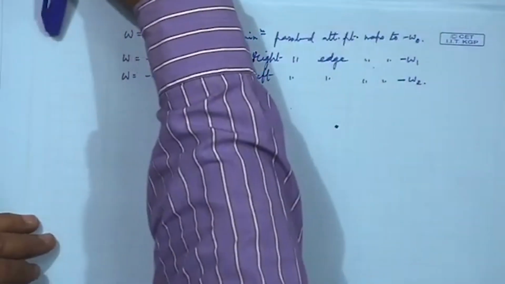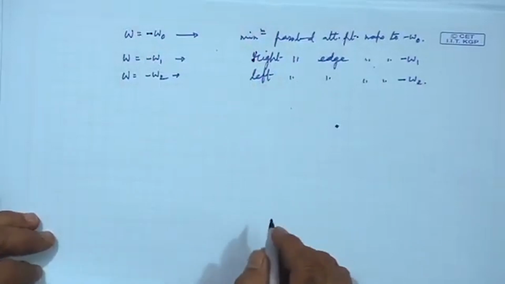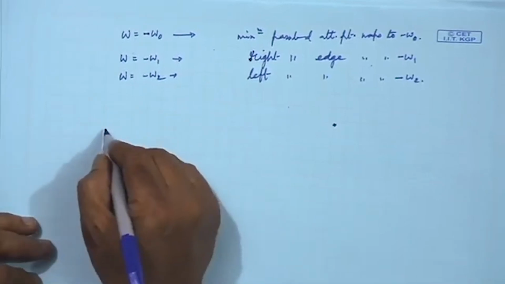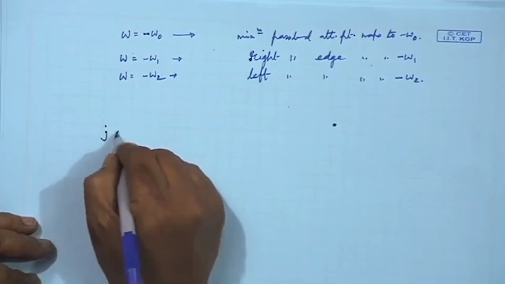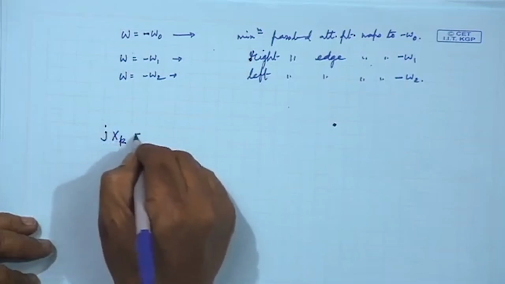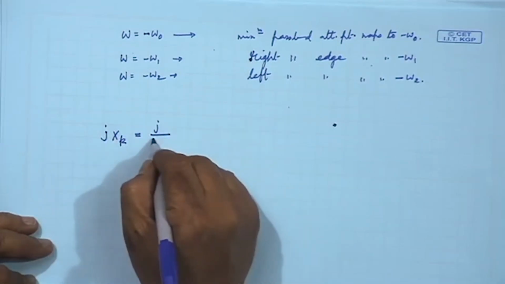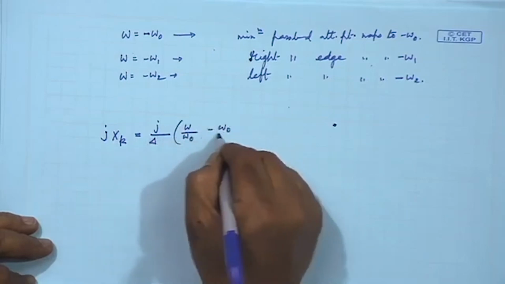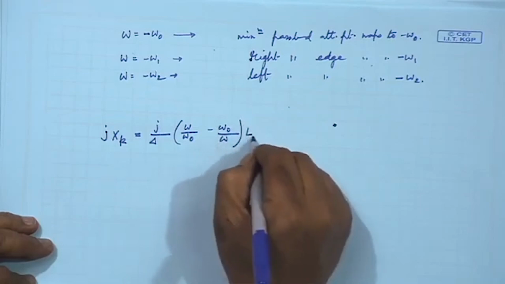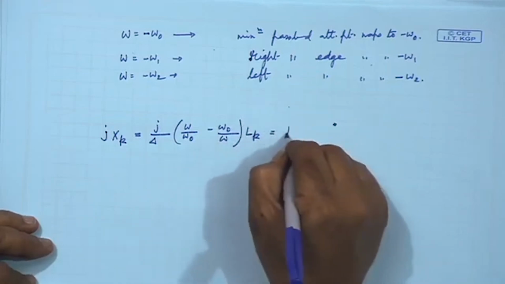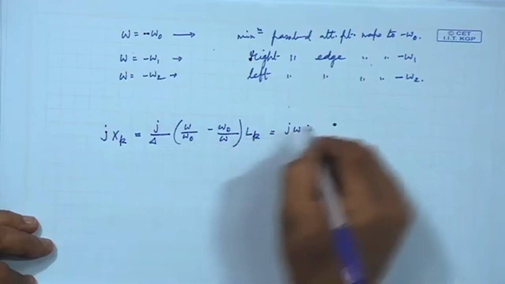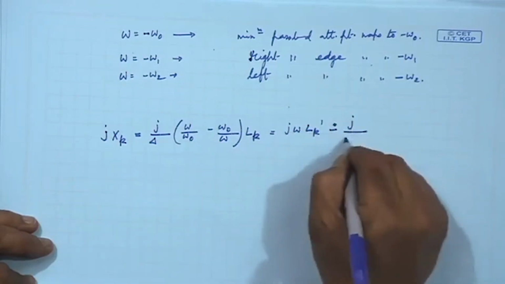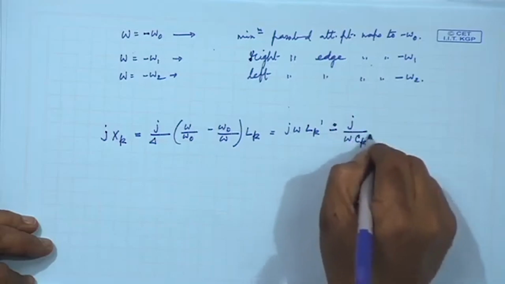Now, we will have to find out the corresponding component values. With that transformation, an inductor will be like this, j by delta into omega by omega naught minus omega naught by omega into Lk. So, that will give you j omega Lk dashed minus j by omega Ck dashed.